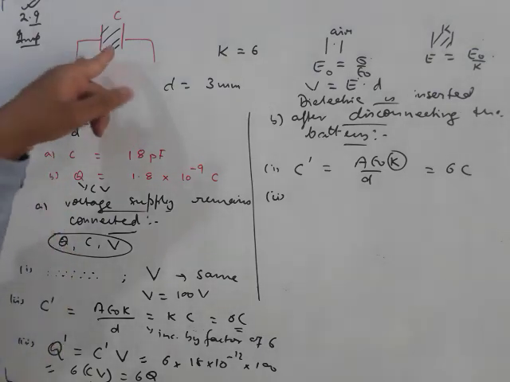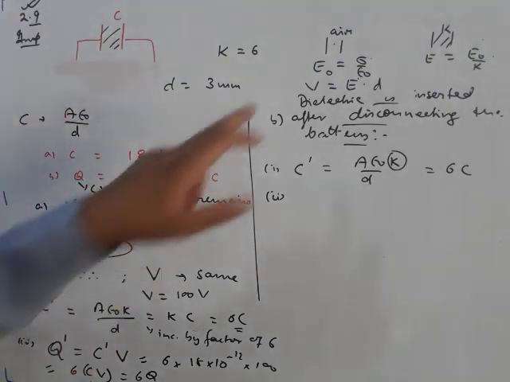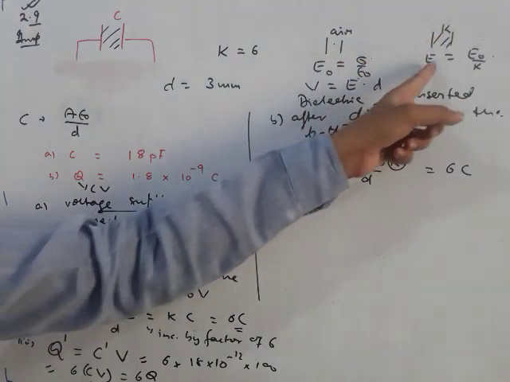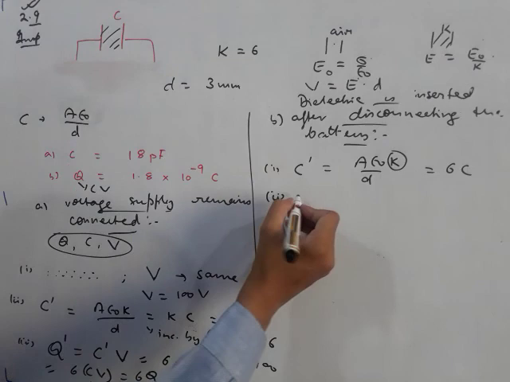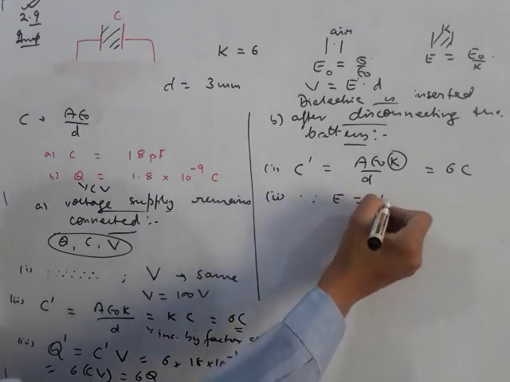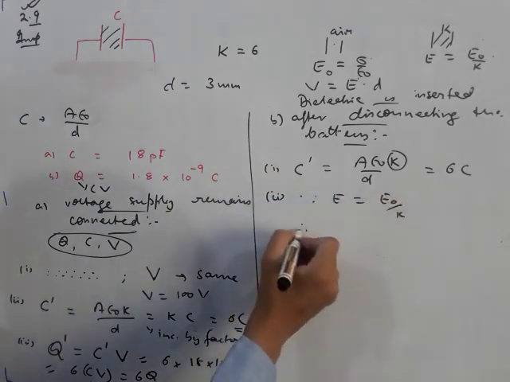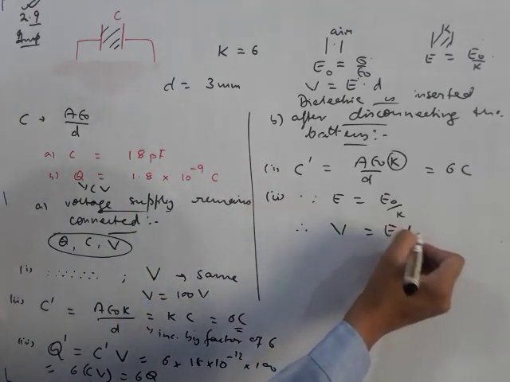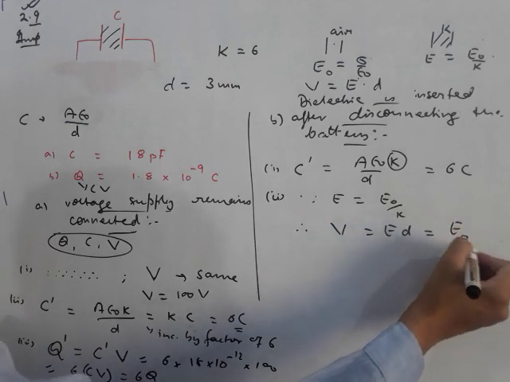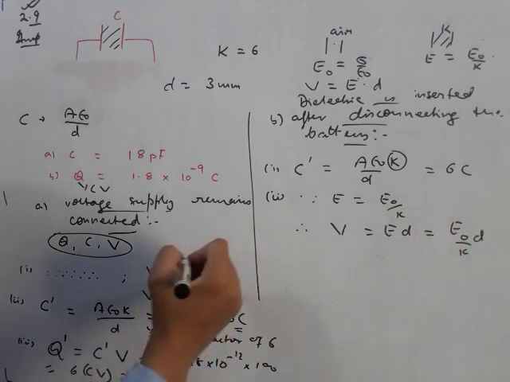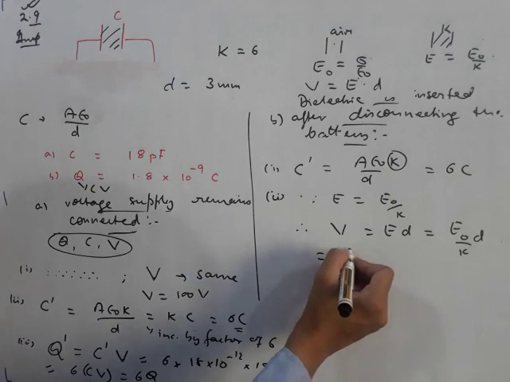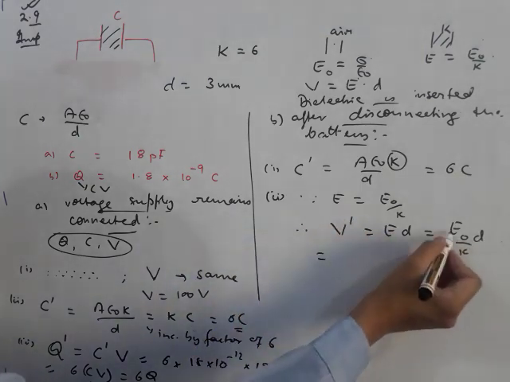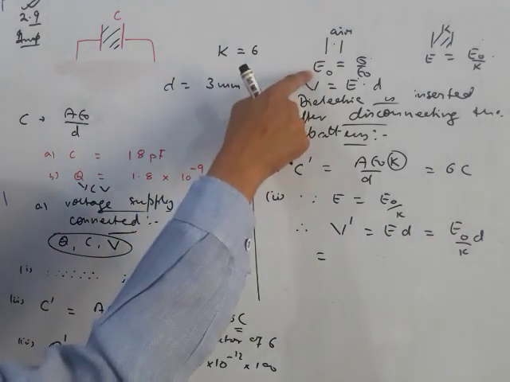In this question, the separation between the plates is not changed, so V will depend upon E. On inserting the dielectric, E decreases by a factor of K. Since E becomes E naught by K, therefore potential difference between the plates of the capacitor, which is E into D, will become how much? E naught by K into D, is equal to, this is suppose new potential difference, E naught into D. E naught was the previous value of electric field in air.